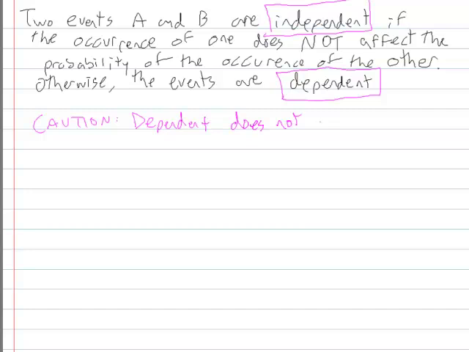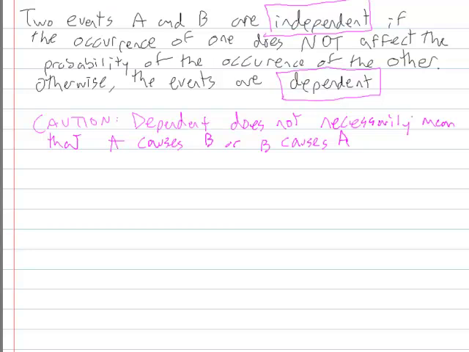It could, but not necessarily. It does not necessarily mean that A causes B or B causes A. That's a common misunderstanding of this term, dependent, independent.